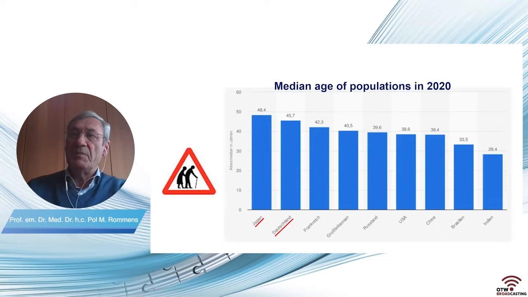That means for Japan, which has 100 million inhabitants, that 50 million of their population are older than 48.4 years. And the same for Germany, about 45 million people are older than 45.7 years.